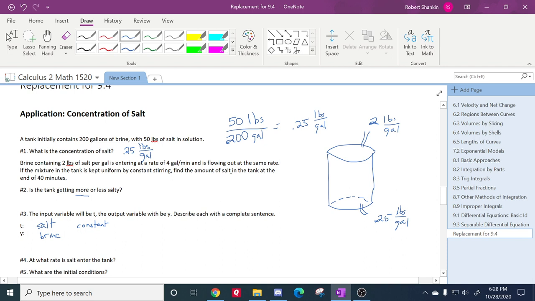Find the amount of salt in the tank at the end of 40 minutes. Oh, so T is time and Y is salt. Very good.